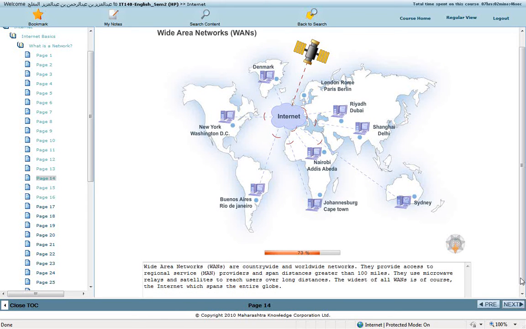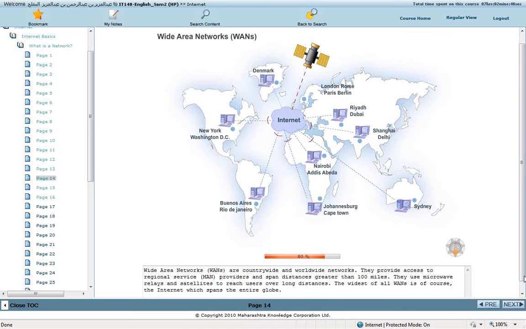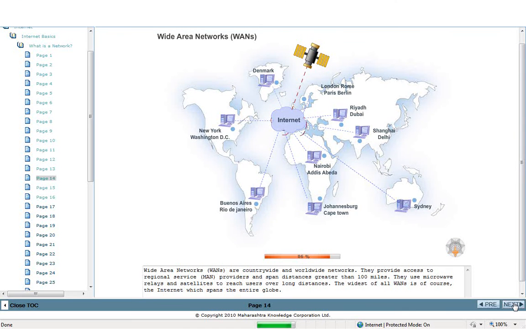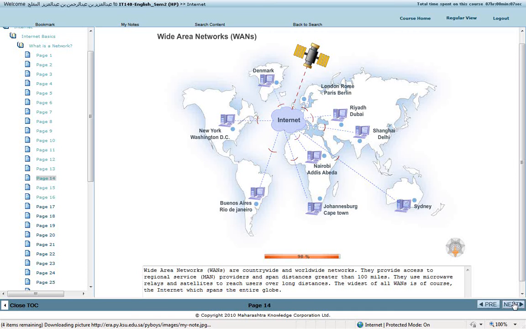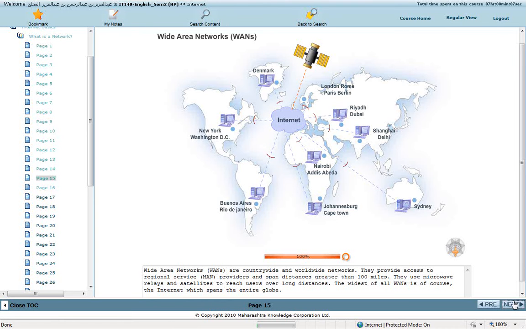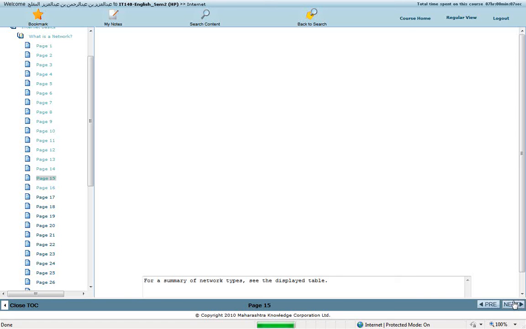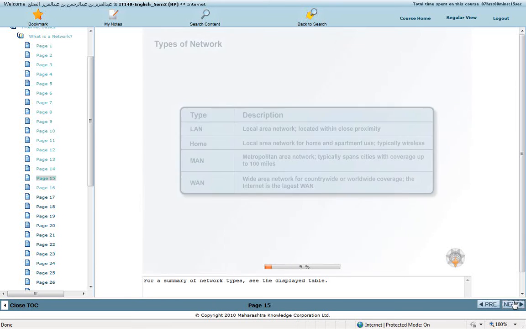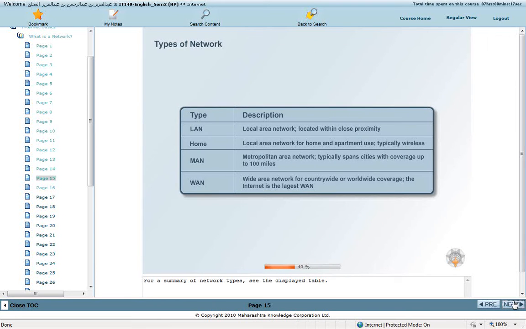The widest of all WANs is, of course, the Internet, which spans the entire globe. For a summary of network types, see the display table.